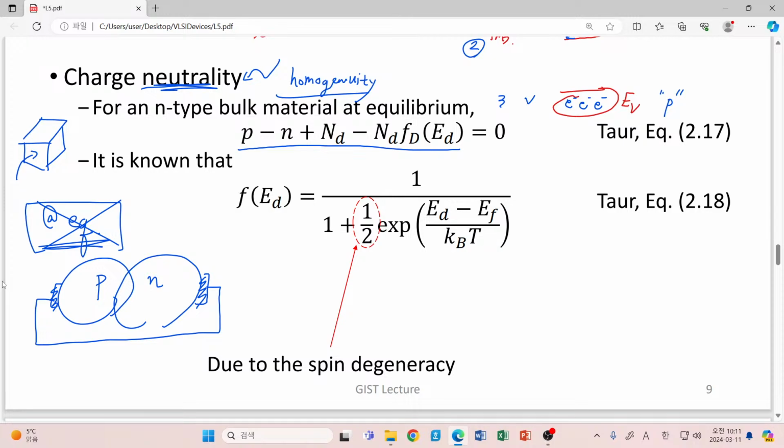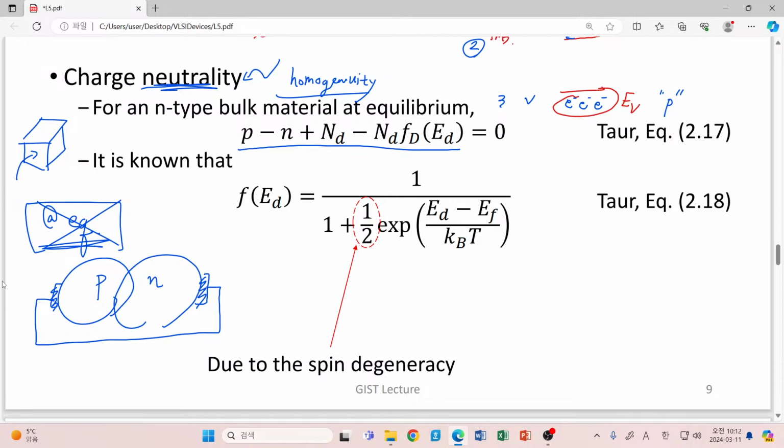So then what will happen? You have a small silicon cube, but it is charged negatively or positively. Then it can generate a certain electric field all over our system. So in a macroscopic sense, it is not allowed.